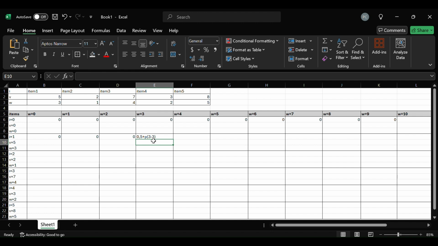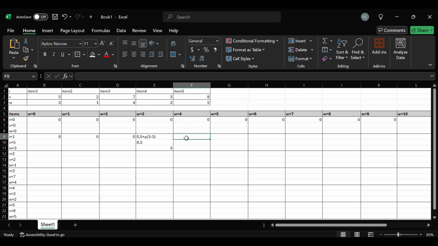So we have to decide between do not pick up 0 or pick up 5, and since we're going for the maximum profit, we will choose 5, the situation where we pick up item 1. So our maximum profit here is 5.